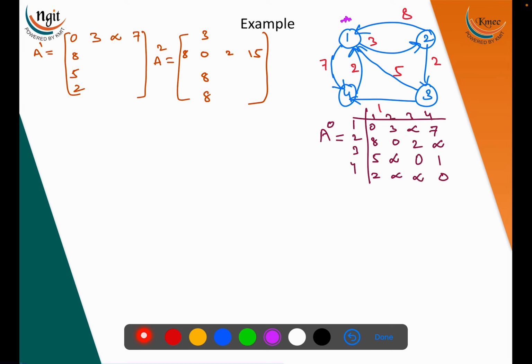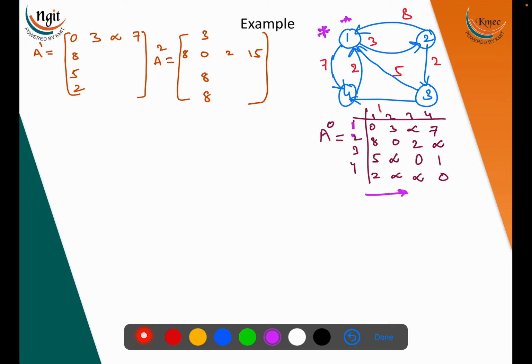As soon as you see this graph to solve the all pairs shortest path problem, immediately you have to take the cost adjacency matrix, and this is the matrix we were seeing in the previous slide. So how did I get this matrix? I am representing this matrix as A0. So what is this A0? The cost matrix of the given graph. That means however many vertices you have in the graph, you just take all the vertices.